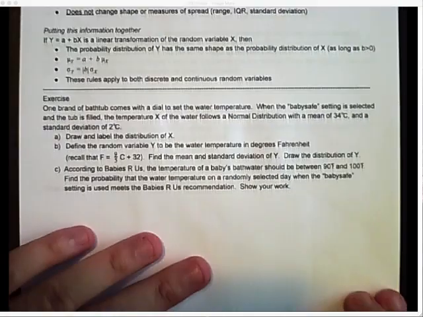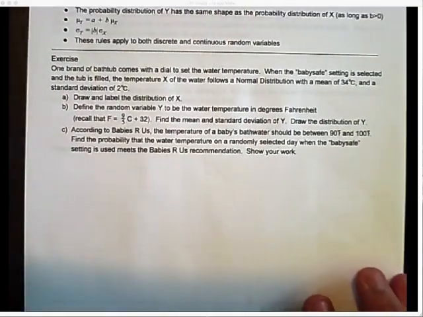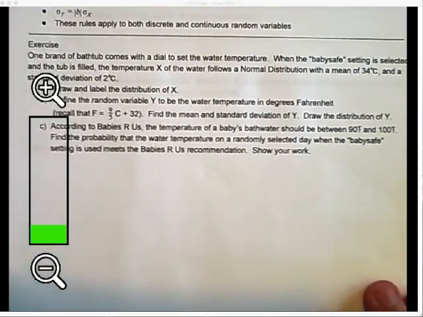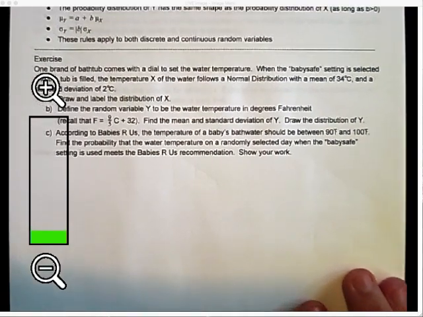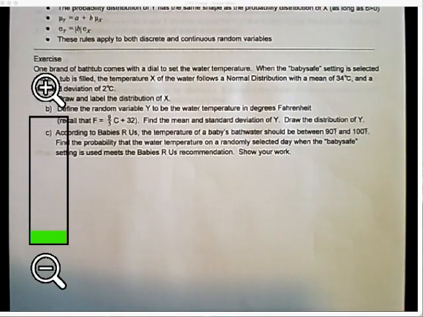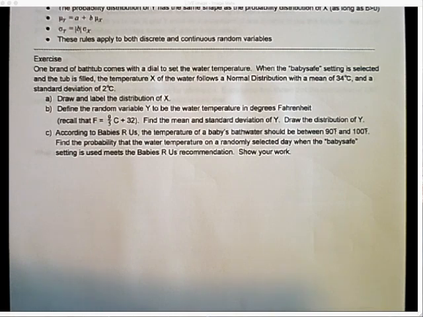Let's read the first example, because the best way to understand this is to do an example. One brand of bathtub comes with a dial to set the water temperature. When the baby safe setting is selected and the tub is filled, the temperature X of the water follows a normal distribution with a mean of 34 degrees Celsius and a standard deviation of 2 degrees Celsius.